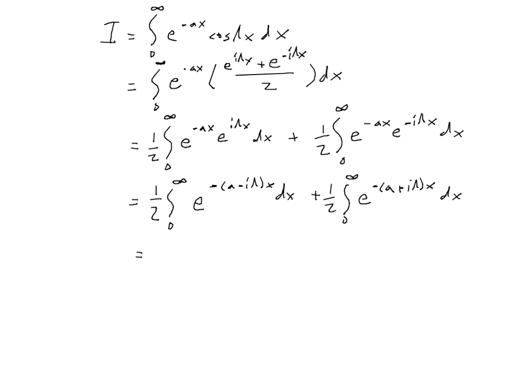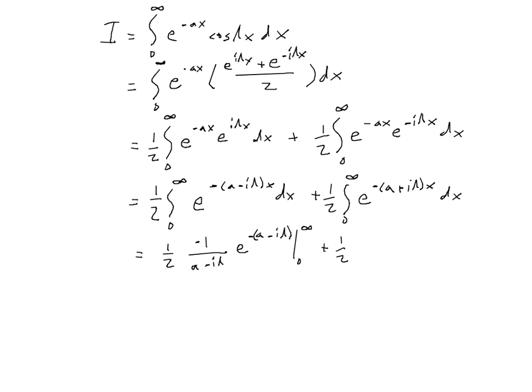And so when you solve the integrals, one of these terms is going to go 1/2, and then you've got your minus 1 over a minus I lambda e to the minus a minus I lambda evaluated from 0 to infinity.